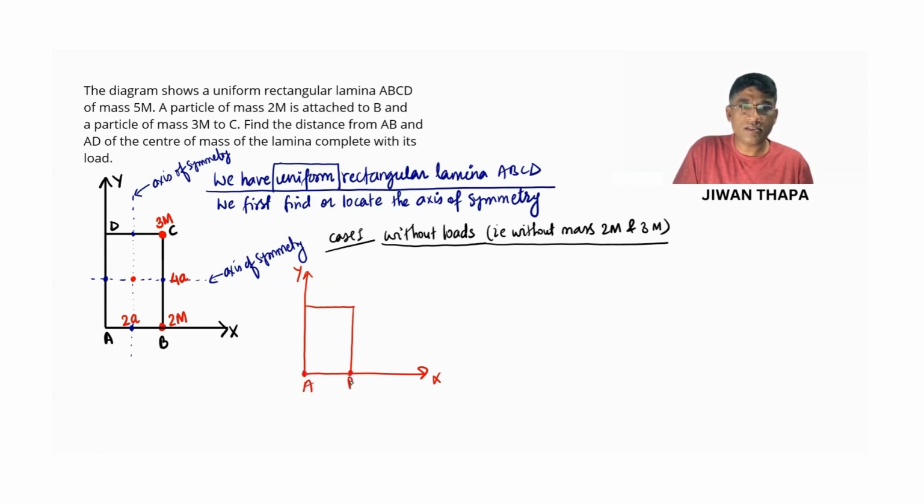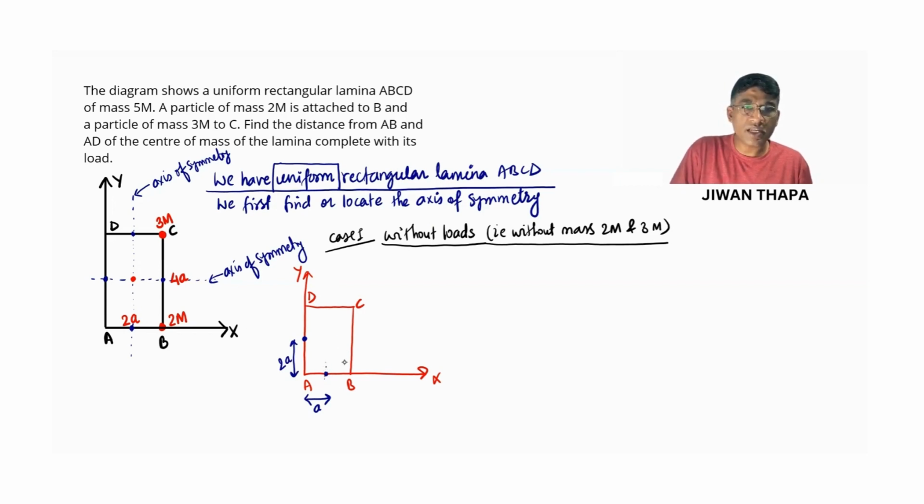This is A, this is B, this is C, this is D, and this is the midpoint of AD. So this distance is A, and this distance is twice A.